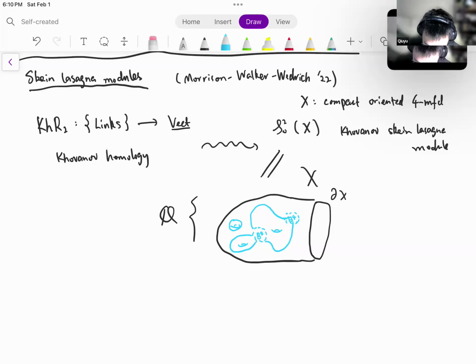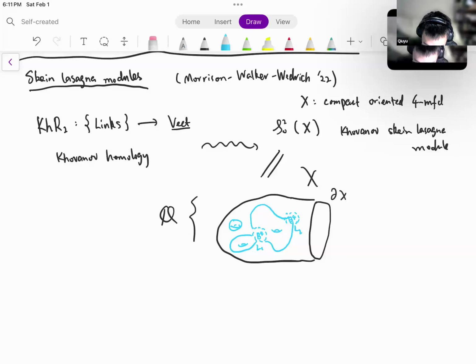And those surfaces will come with some extra decorations. So the surface may have some boundaries on the boundary of the four-balls that I deleted, and the boundary of the surface on each boundary S3 is a link.